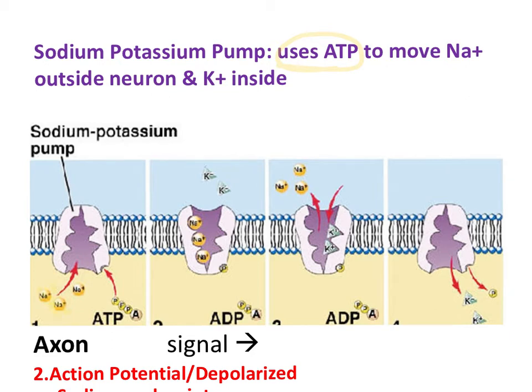The cell is going to pump all the sodiums out. It is going to allow potassiums to come in, and that creates then our separation of charge, where outside of the cell is positive and inside the cell we call negative.